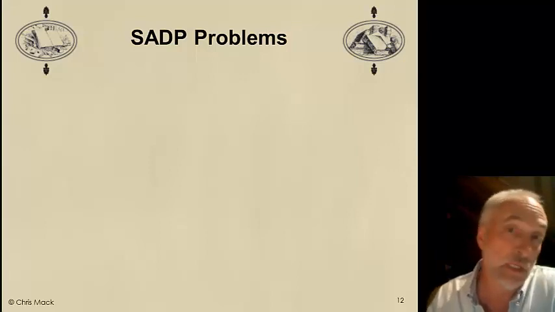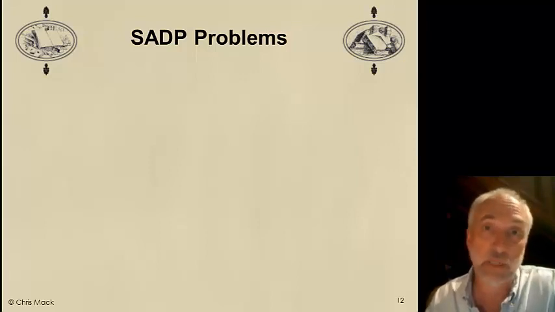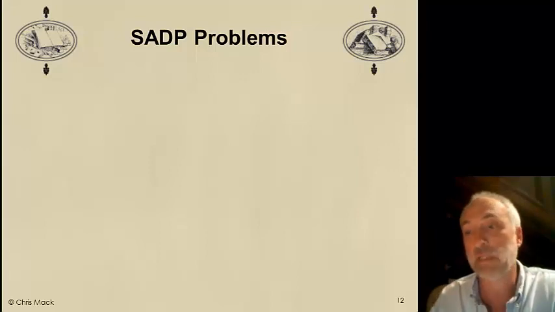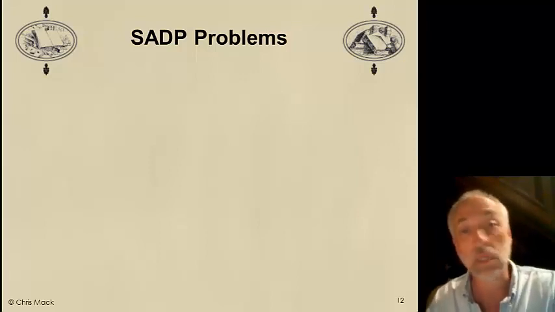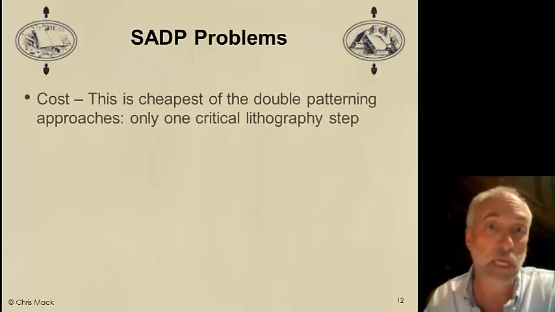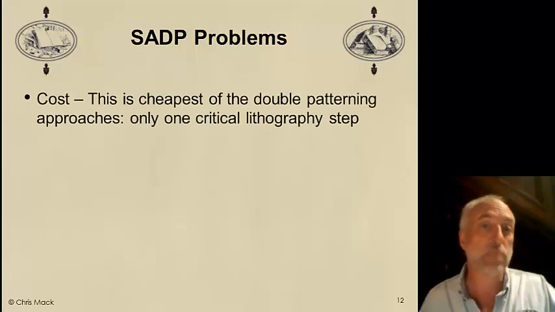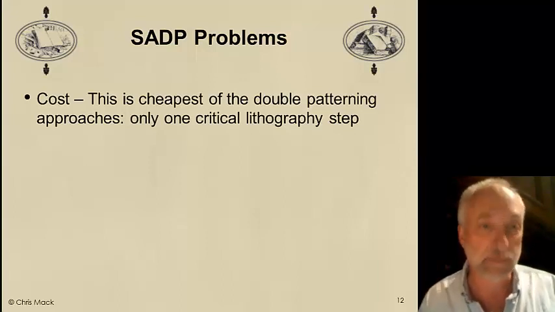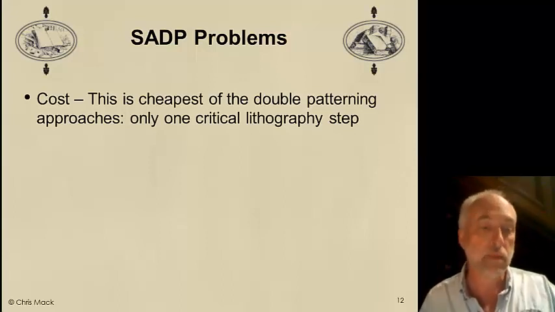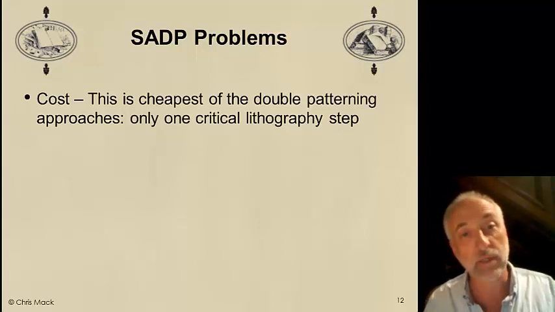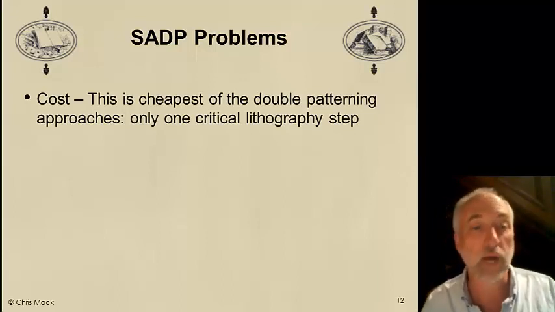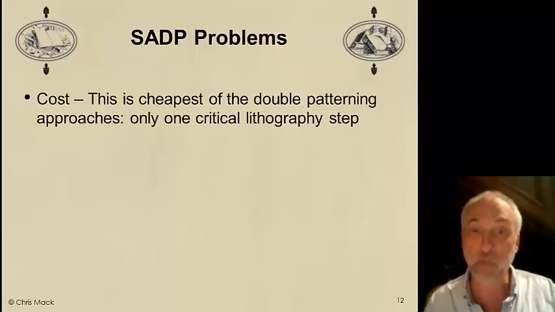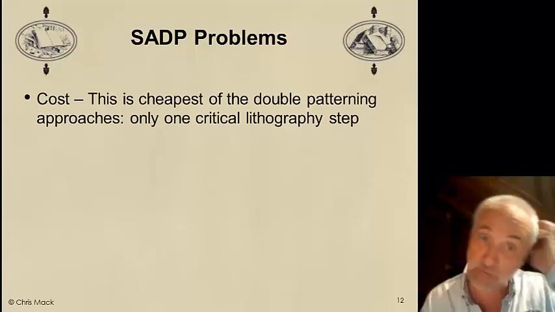So this self-aligned double patterning process in some respects is very simple and easy. In other respects it has some serious complications. First of all, this is the cheapest of the double patterning approaches. There's only one critical lithography step where I make the first pattern. It's usually at high resolution, and the control of the CD in particular is very, very critical.